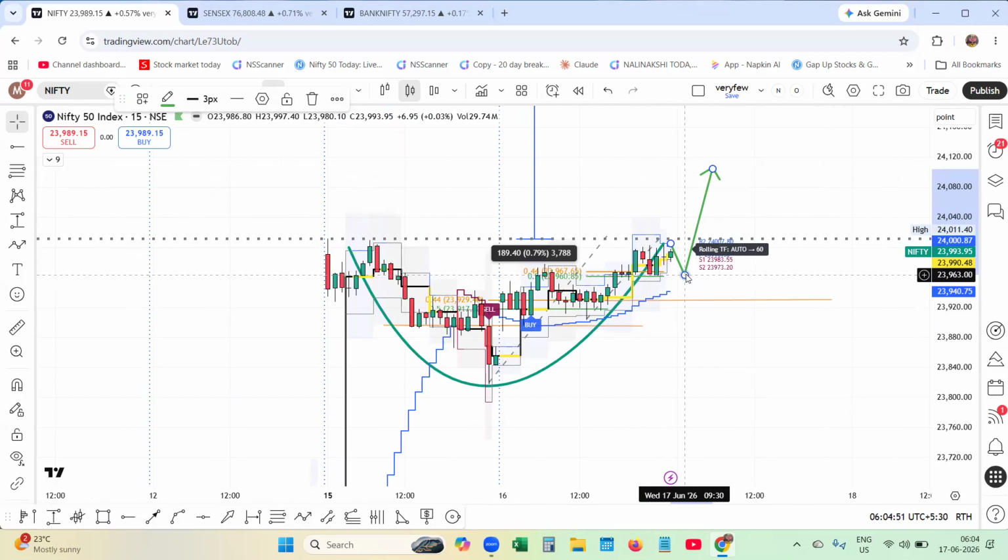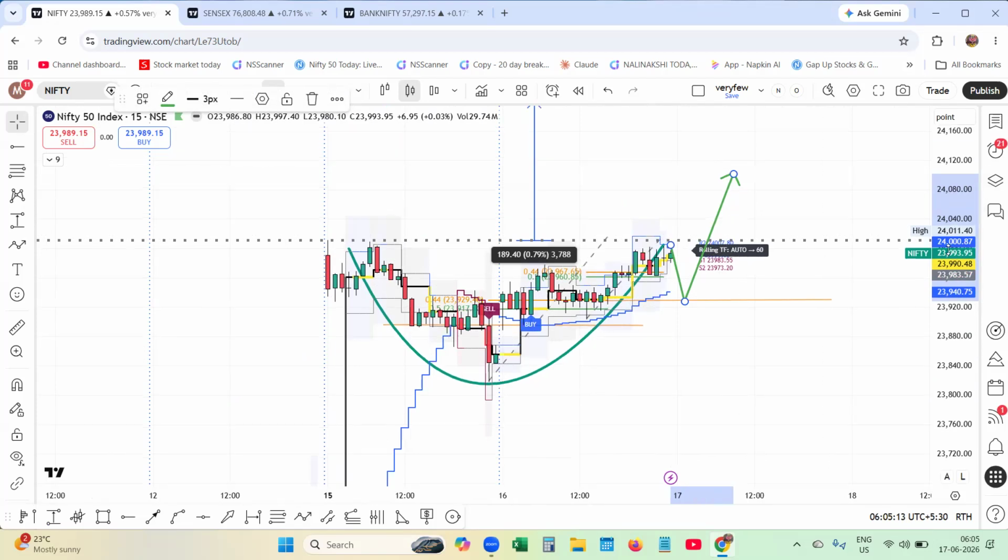Or it can sweep this liquidity coming down and testing this, and double bottom here, and it can go there. So the level to watch is 23,961 and 23,928. These are the two levels of support.